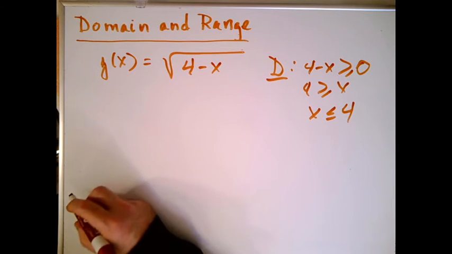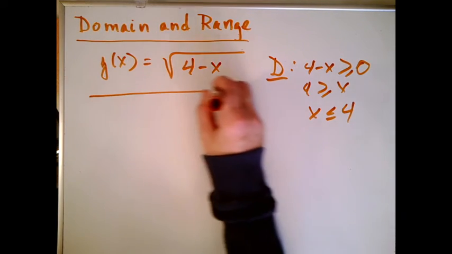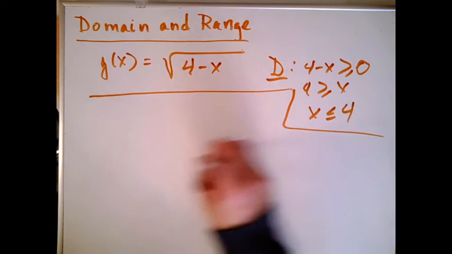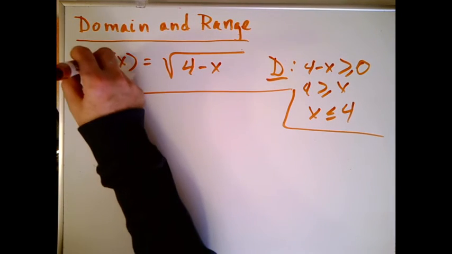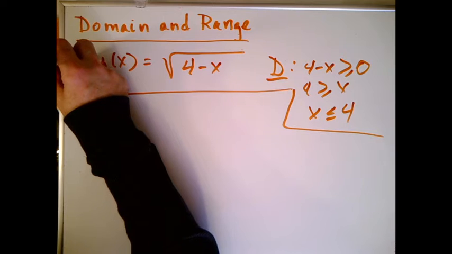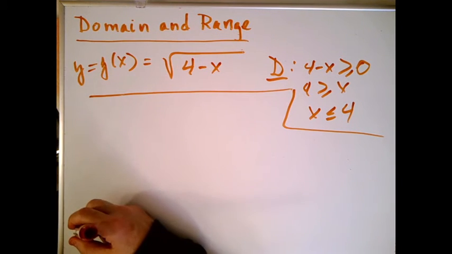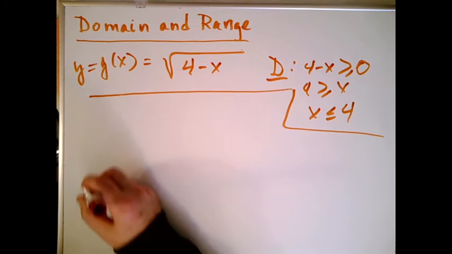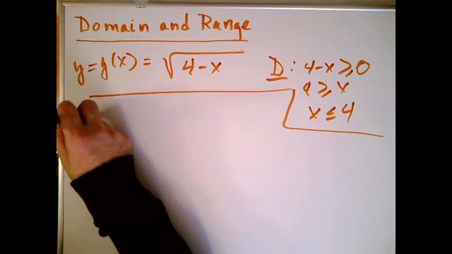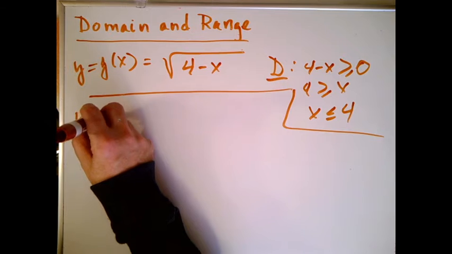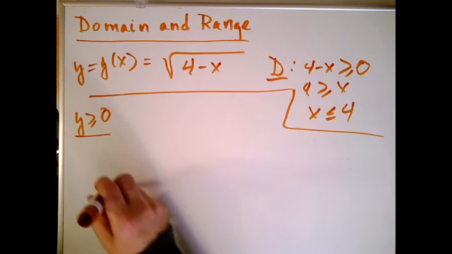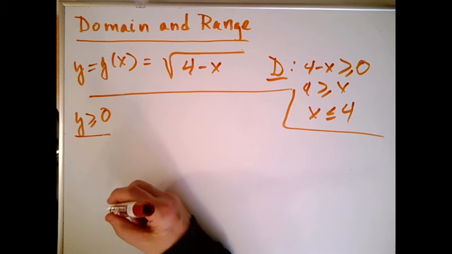To find the range, we really do have to worry about it, because again, it's harder. The first thing I'm going to notice is that y is a square root. Now, that automatically tells me right at the beginning, and this is something we should always look at, that the only y values I'm going to be able to get are bigger than or equal to 0, no matter what my algebra says later.